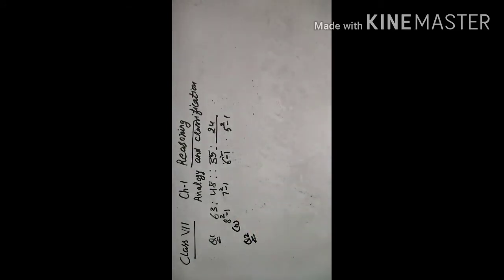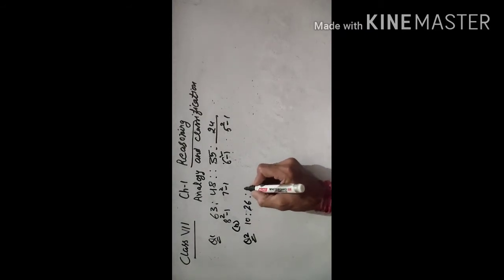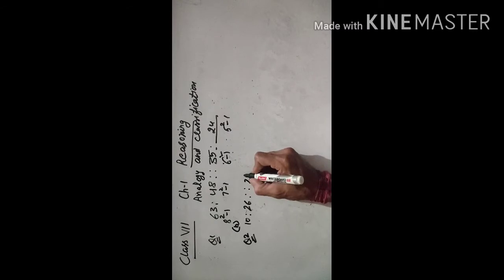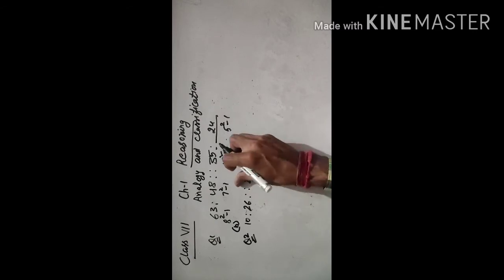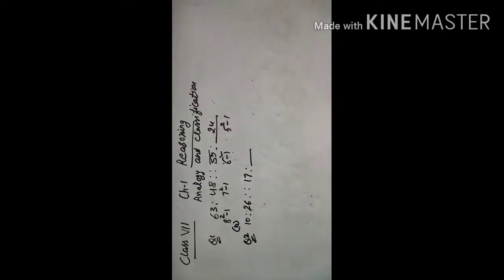Question 2 is 10 is to 26, 17 is to dash.